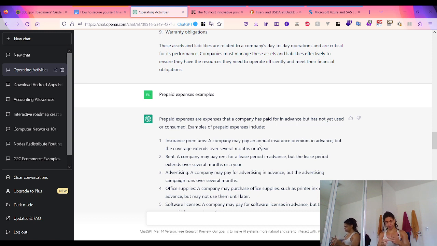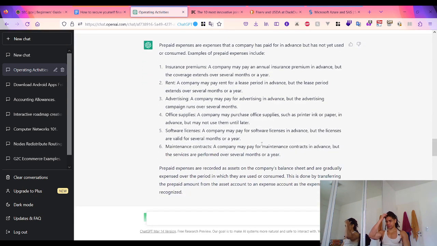Advertising, software license, and maintenance contracts.